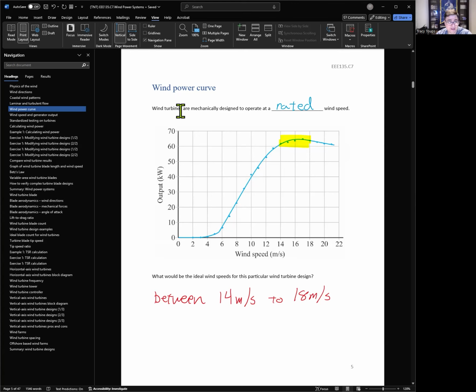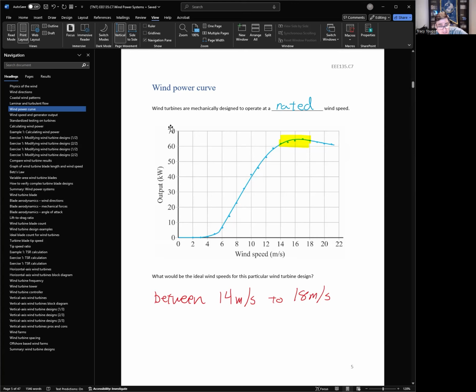So every wind turbine is mechanically designed to operate at what we call a rated wind speed. There's going to be a small window of wind speed that this is perfectly designed for. And if you try to go outside that, you can get suboptimal results.